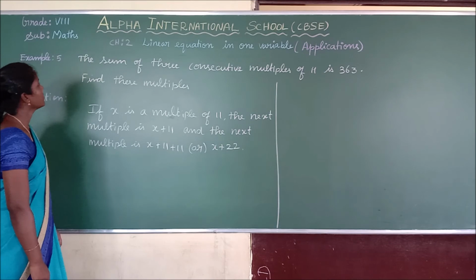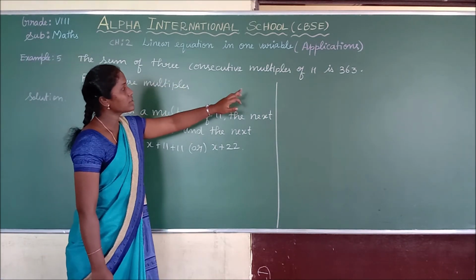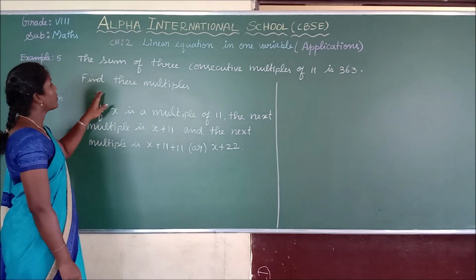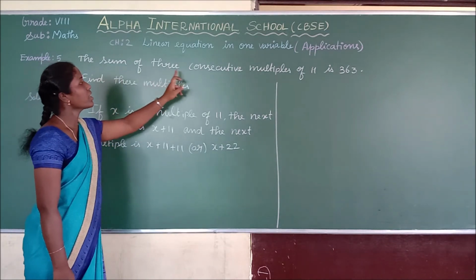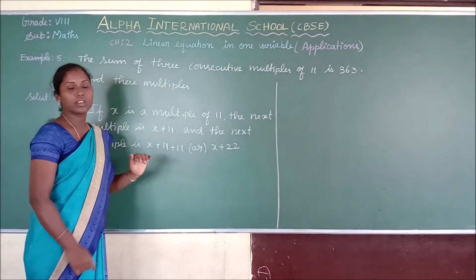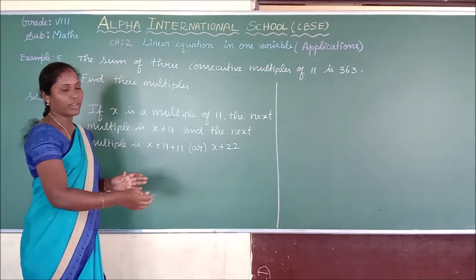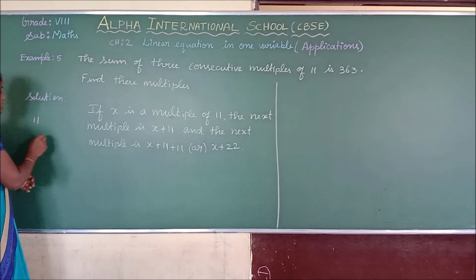The next problem. The sum of 3 consecutive multiples of 11 is 363. Find these multiples. Okay. The consecutive multiples of 11 means we have to take the next multiples of 11. For example, if the first is 11, the next multiple of 11 is 22.